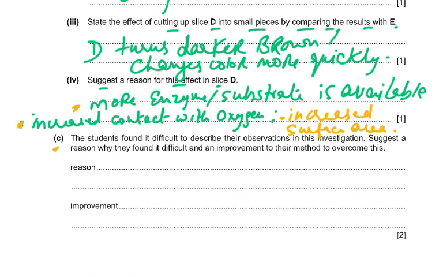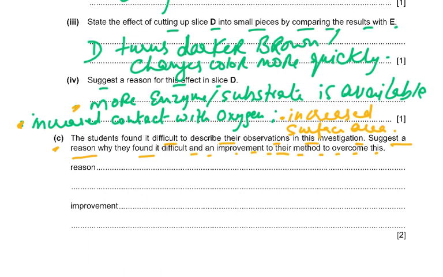Then part C, the students found it difficult to describe their observations in this investigation. Suggest a reason why they found it difficult and an improvement to their method to overcome this. So you see, there could be many things. Number 1, the first reason is the color change is not rapid, so record over a longer time. Then difficult to assess the color, so compare with a color chart.